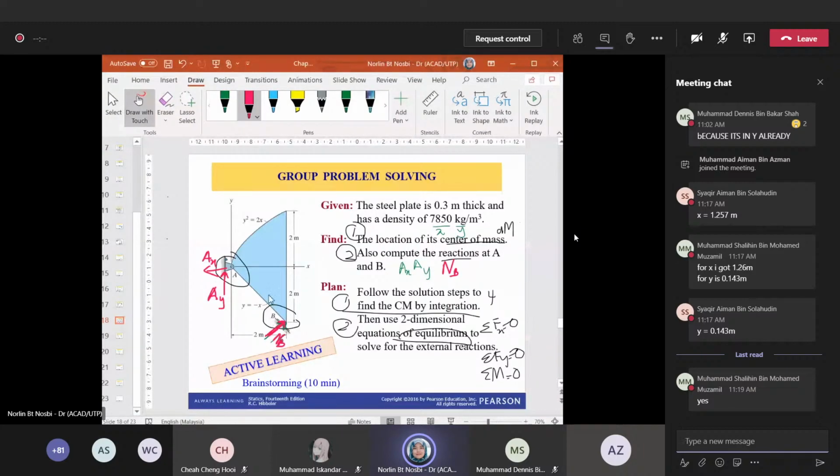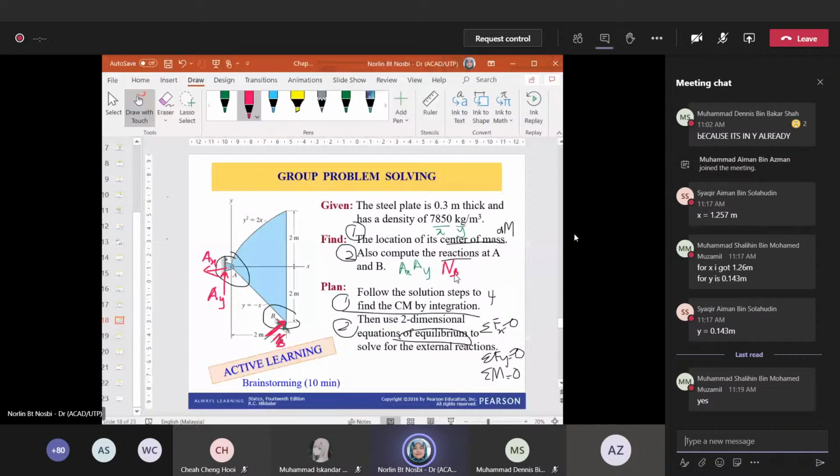So which point do you want to choose so that it is easier to find the AX unknown, AY unknown, and then the NB. So how are you going to find it?